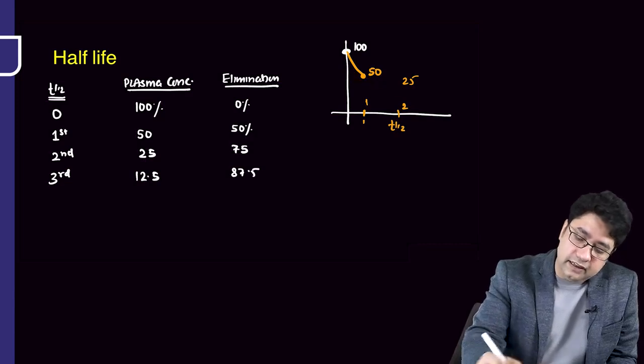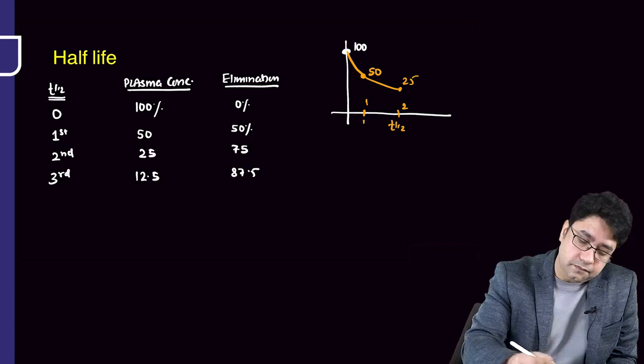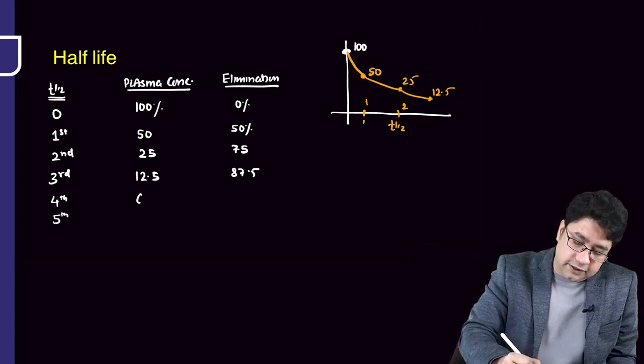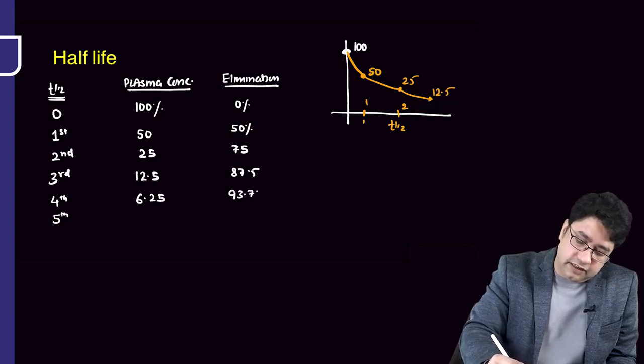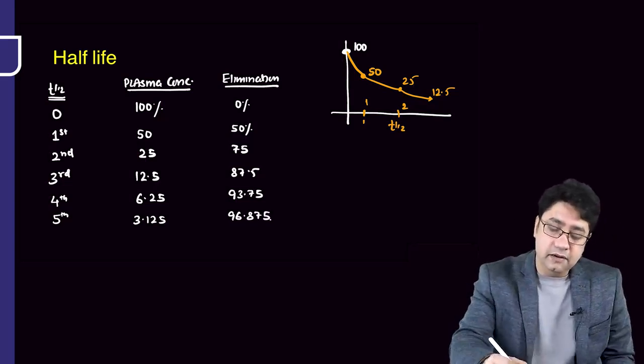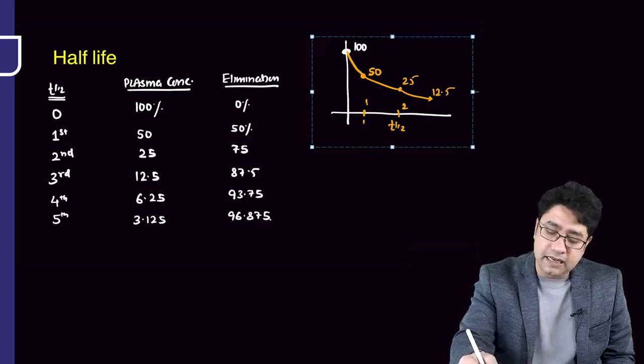So keep on dividing like that, and let's write till the fifth half-life. So 6.25, 93.75, 3.125 another half, 96.875. Now sir, why are we writing such simple maths?